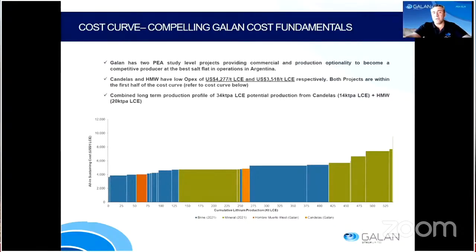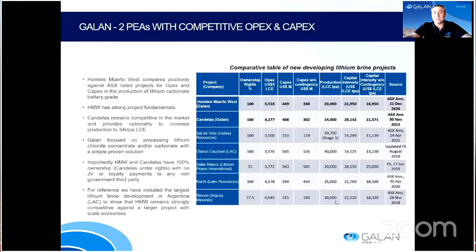Importantly, the combination of 34,000 tons of LCE is not small, and we believe that we could potentially increase that to 40,000 tons of LCE production a year down the track, and this is our main goal. We have an exploration upside that we believe can compensate for that.